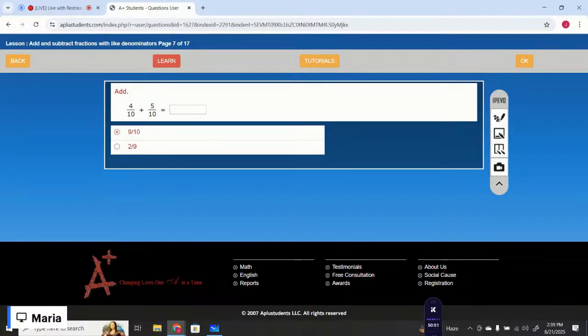So we were working on grade 3 math. The chapter we were working on is operations with fractions.